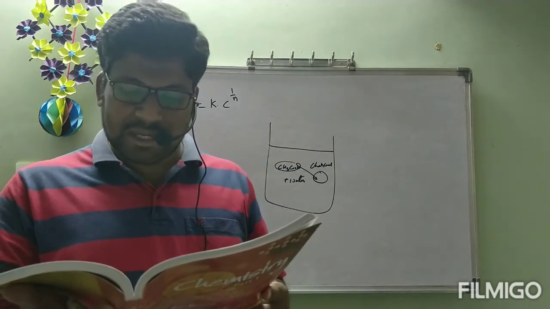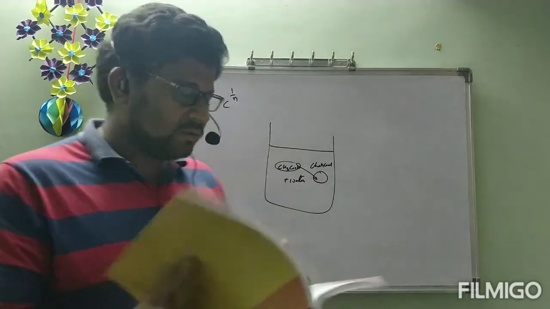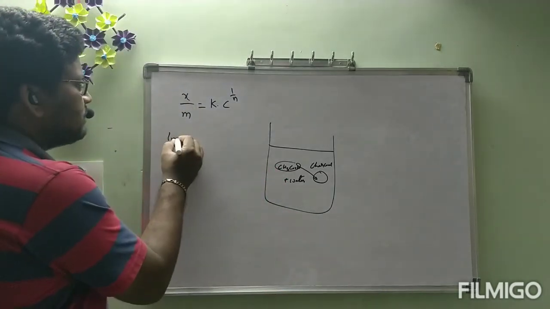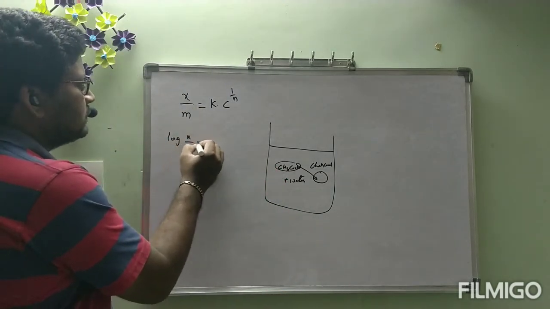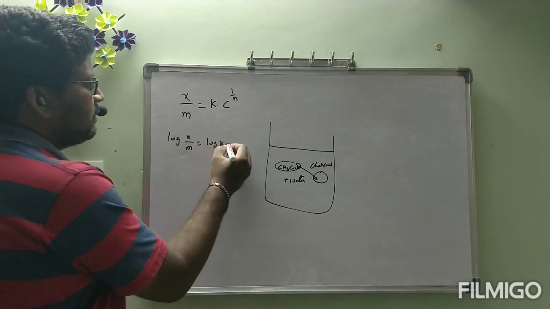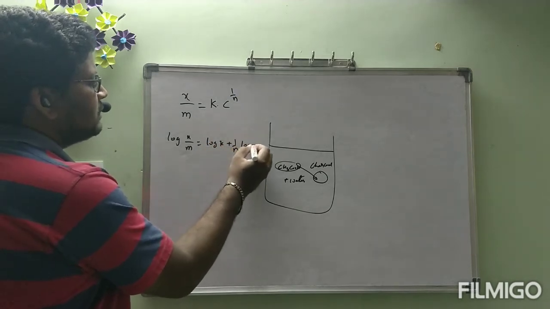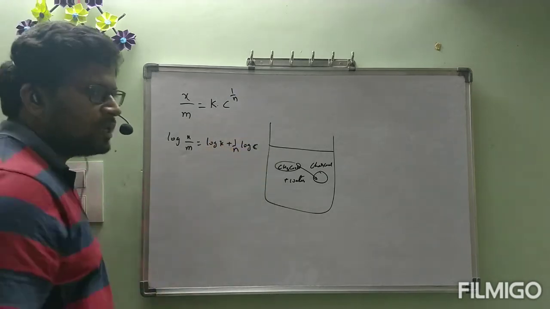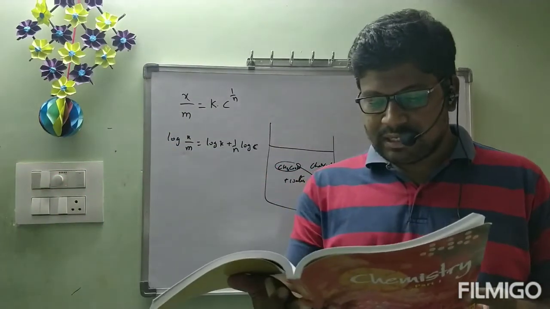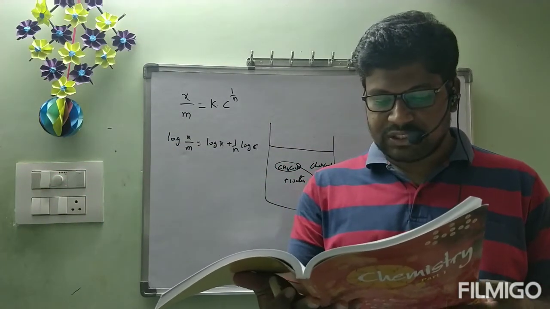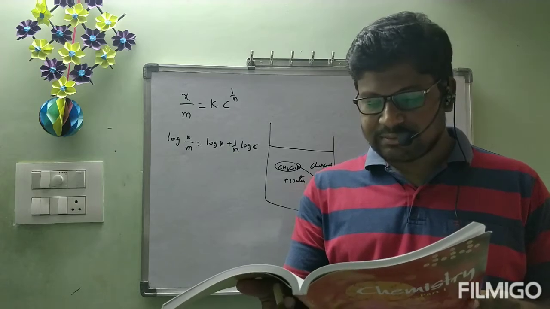On taking the logarithm, log x by m is equal to log k plus 1 by n into log c. Plotting log x by m against log c, a straight line is obtained, which shows the validity of the Freundlich adsorption isotherm.